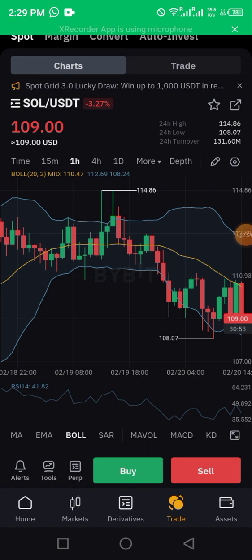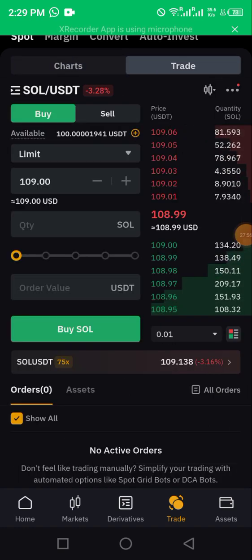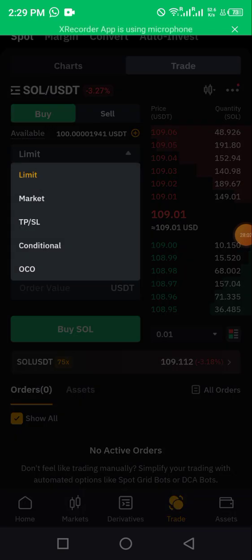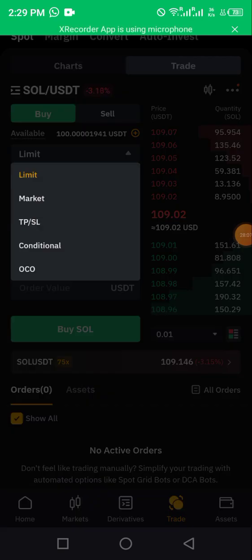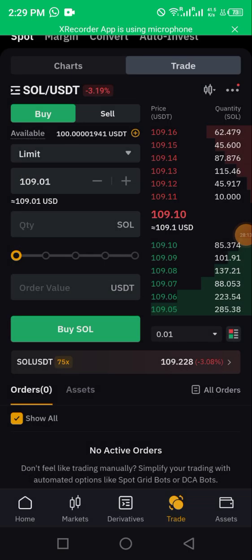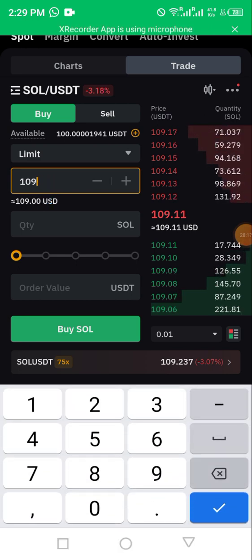So we'll come here and fix in our limit price. Once we do, you can see the options here: limit, market, take profit, stop loss, conditional, and OCO. What we are after today is our limit price. We'll fix our limit price at 108. It can still drop more than this, but we are only following what the chart is giving us.